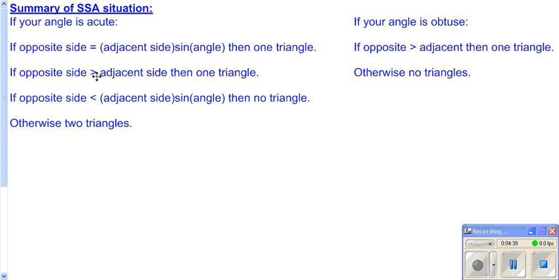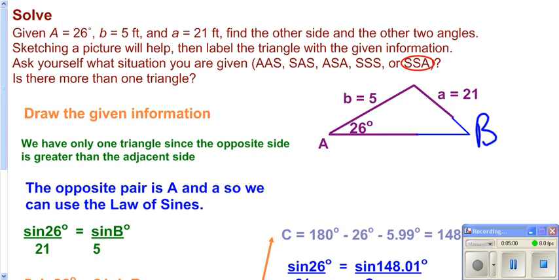Our opposite side's not greater than the adjacent side. Our opposite side was not equal to our adjacent side times the sine of our angle. Our opposite side was not less than the adjacent side times the sine of our angle. It's none of these first three, so therefore it has to be two triangles.